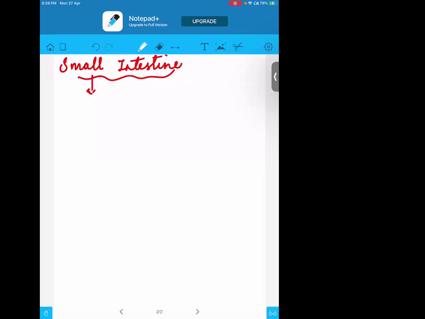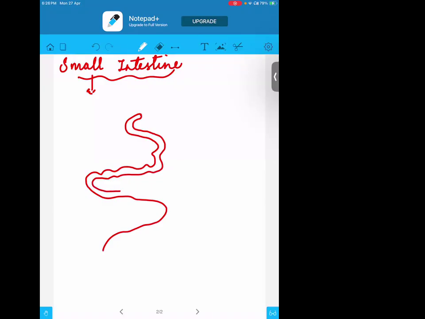When we draw the picture of the small intestine, it will look like this somehow. When we open it out and draw it, it will be like this. Here it has three parts. The first part, which I am shading, is called the duodenum.